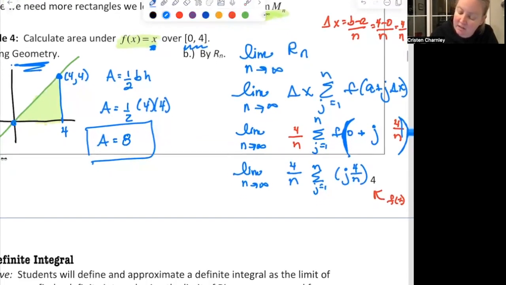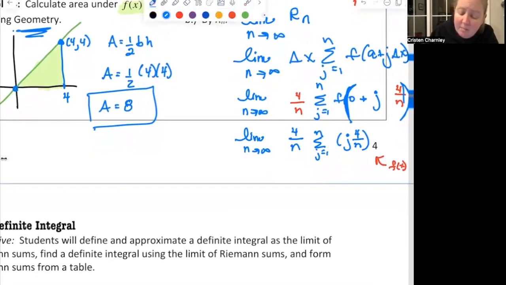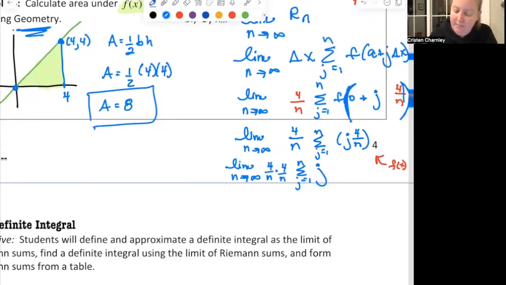All right. Now, the only thing that needs to stay inside of the sigma notation is the j. Because these directions tell us that we're only dealing with j. We're not dealing with n. So this 4 over n can pop to the front. Just like derivatives, just like antiderivatives. So the limit as n approaches infinity, 4 over n times 4 over n, sum from j equals 1 to n, and here's j.